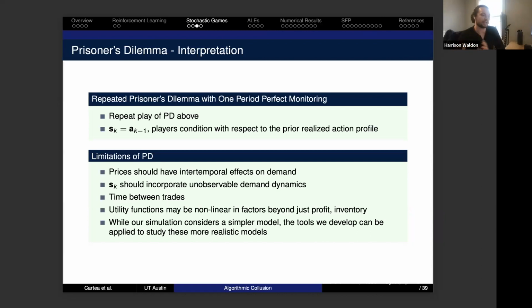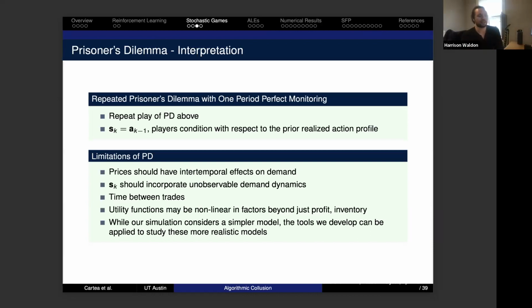Also, of course, time plays an important role in one's pricing strategy, but we just look at the time at which a trade takes place. So while the repeated prisoner's dilemma is pretty simple, we do think it captures an important kernel of the repeated interaction between market participants, which is already much more general than a lot of literature on algorithmic collusion, which considers just static games.